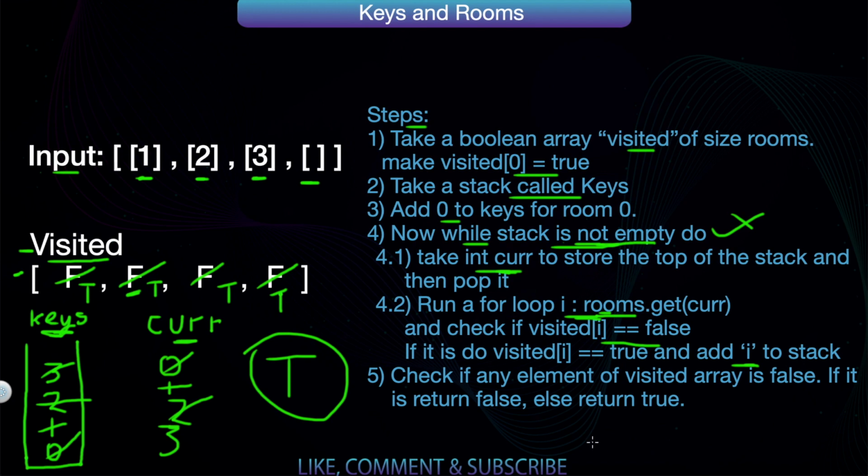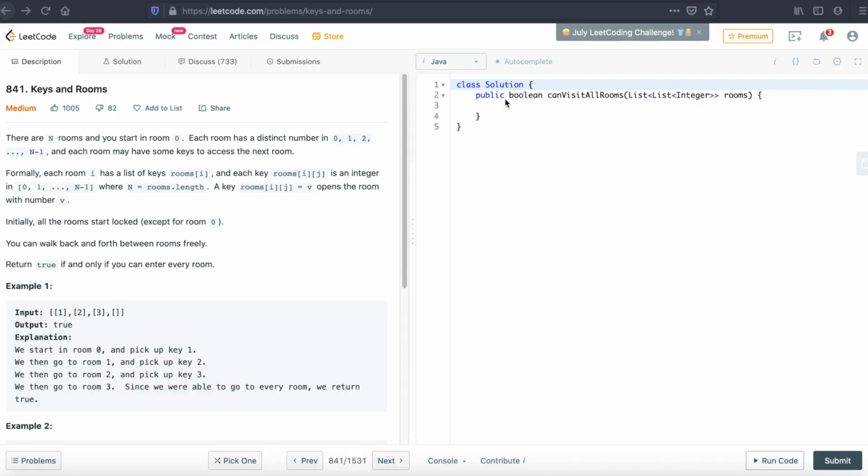So now we will do the coding part. So first we will take the boolean visited array of size rooms. So boolean visited equal to new boolean[rooms.size()]. The next thing we'll do is we'll set visited 0 equal to true.